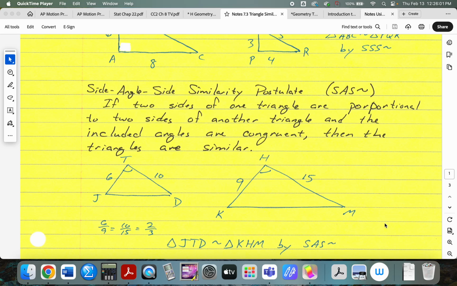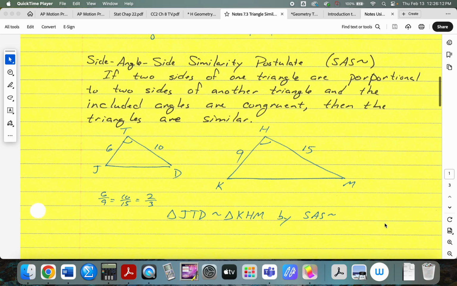It's got to be the angle in between the 2 sides, just like with congruent triangles. Then the triangles are similar to one another. So here, 6 to 9, 10 to 15, both reduced to 2/3, and the included angles are congruent, so these 2 triangles are similar by side-angle-side similarity.